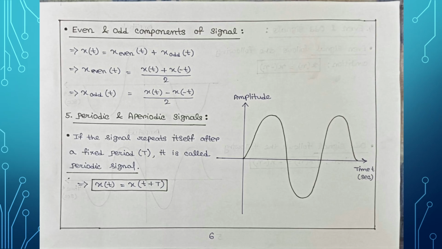If the component is x of t and it repeats after the fixed time period T, then it will become x of small t plus capital T. So let's take a sinusoidal signal where after a fixed duration capital T, it repeats like this.